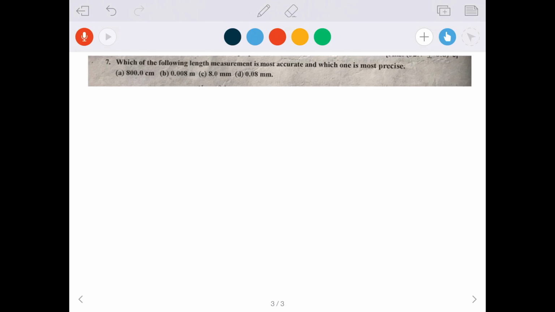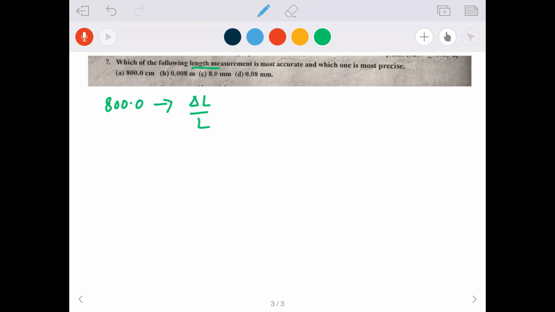You may be confused about the difference between accuracy and precision, but in theory we have studied what is accuracy and what is precision. Okay, so let me write all of A, B, C and D in relative error format. The first, 800.0, I can write as the relative error, that is delta L by L, where L is the length which is already given.